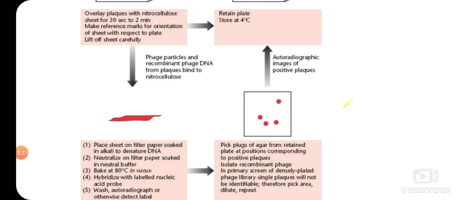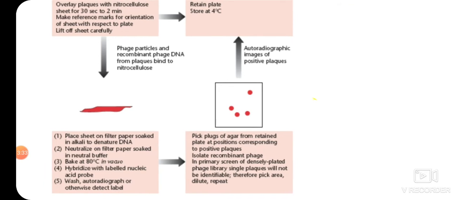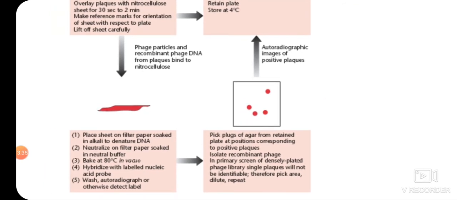So wherever we find a patch in the radiogram, that indicates the radioactivity has come because of the presence of the recombinant DNA vector carrying our target DNA. Now those positions can be compared with the master plate, and the plaques present in those positions will carry our recombinant DNA.